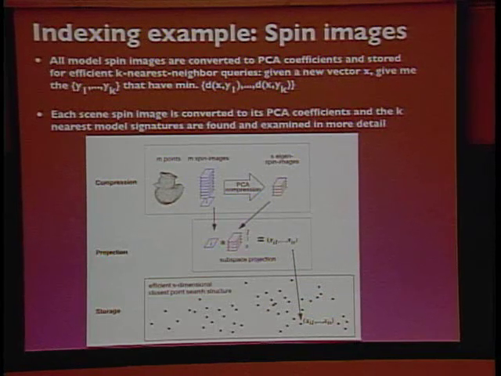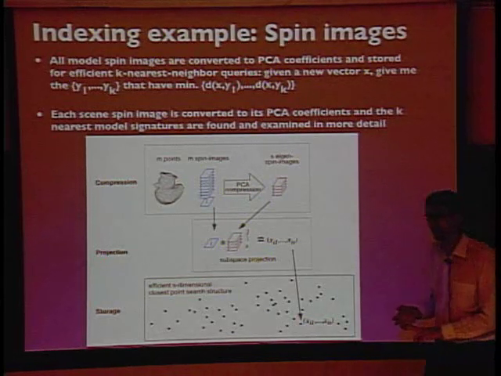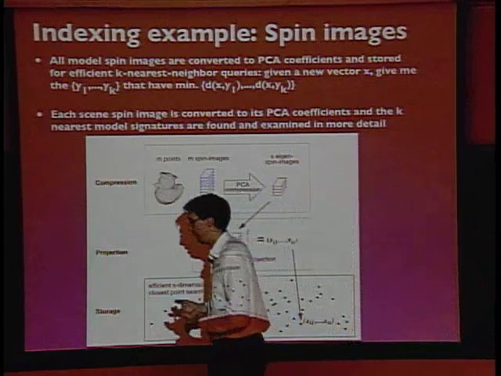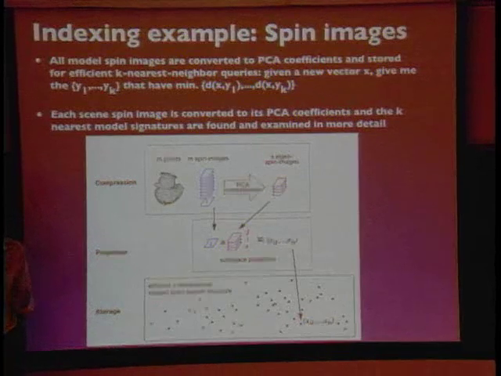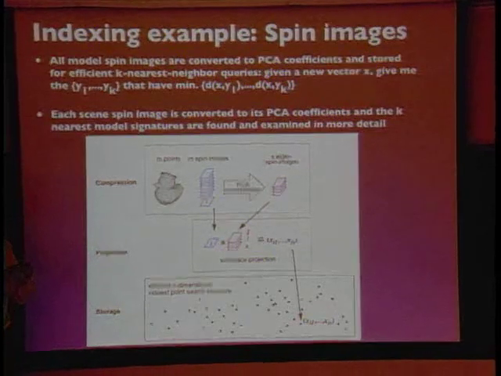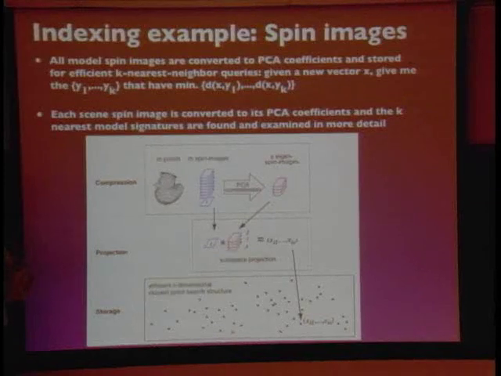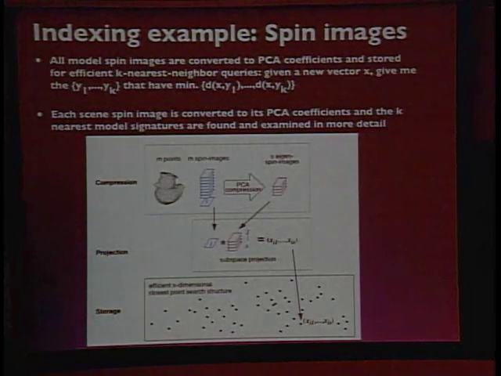So again, we go back to this idea of proximity queries, where given a vector of numbers in some high-dimensional space, I want to get either the k vectors that are already in that vector space that are the closest to it, or a similar but different question: are there any vectors within a ball of radius epsilon from this vector from my scene?